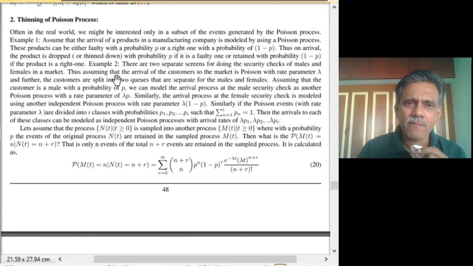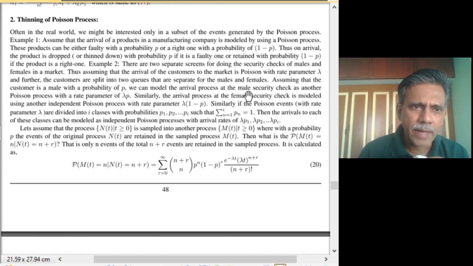Or we have a case where births are being recorded, and the number of births that take place in a metropolitan city can be modeled as a Poisson process. Later we further segregate them into births of male and female children, and we know the probability that a given child will be male based on the sex ratio in that place. So again we have thinning.